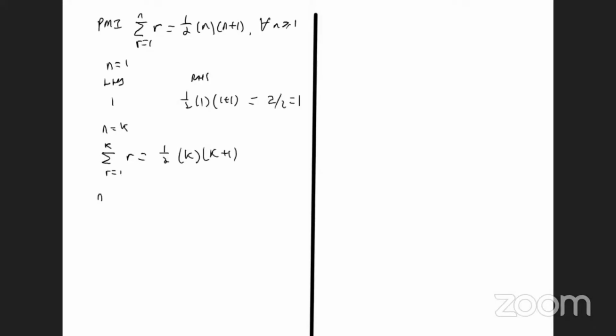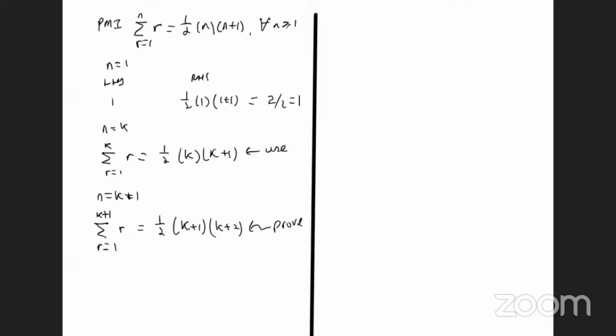And then k plus 1 is where we're trying to prove this, so that'll be the summation of r going from 1 to k plus 1 of r is equal to 1/2 of k plus 1, and then replacing n you'll get k plus 1 plus 1, which is k plus 2.